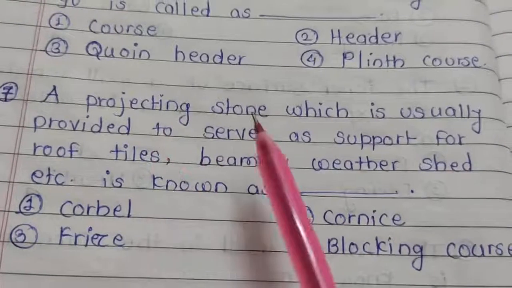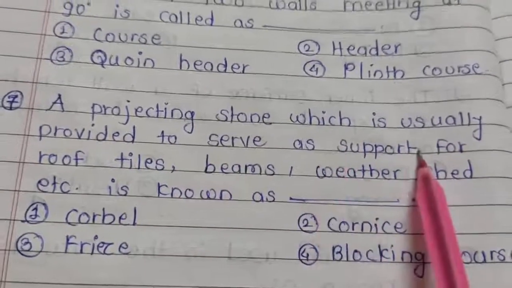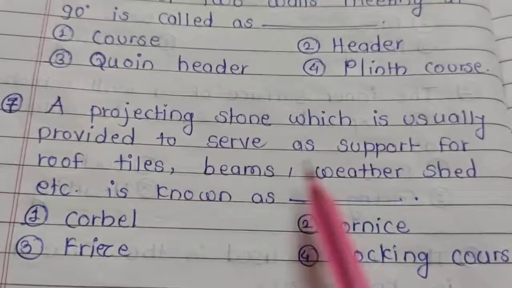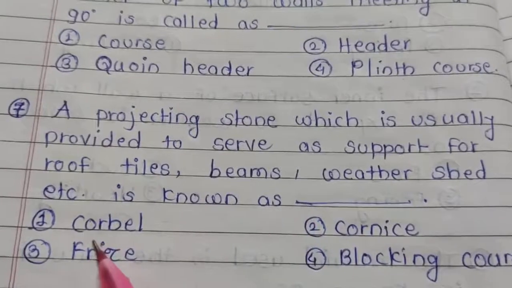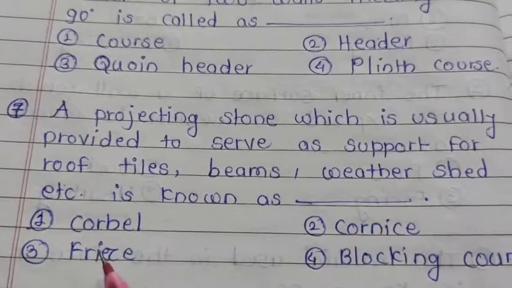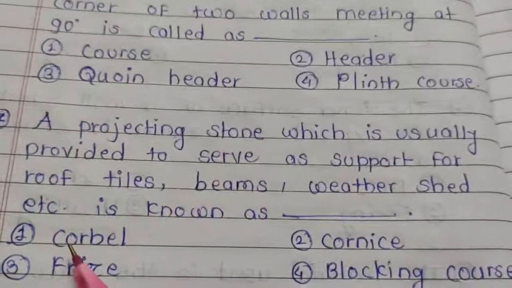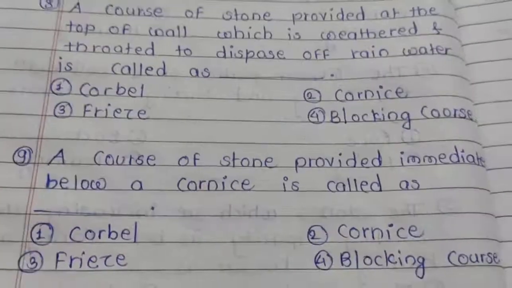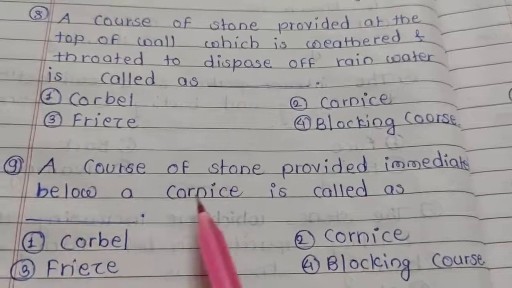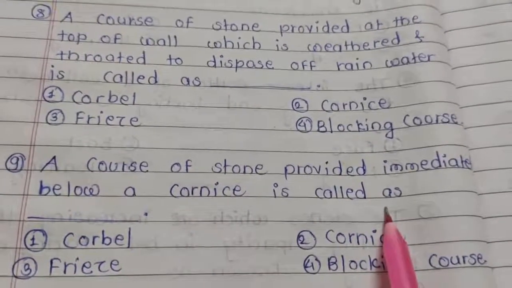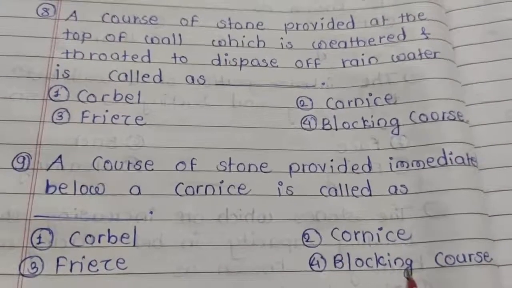A projecting stone which is usually provided to serve as a support for roof tiles, beams, weather shade, etc. is known as corbel, cornice, frieze, blocking course. Answer is corbel. A course of a stone provided immediately below the cornice is called as corbel, cornice, frieze, blocking course.